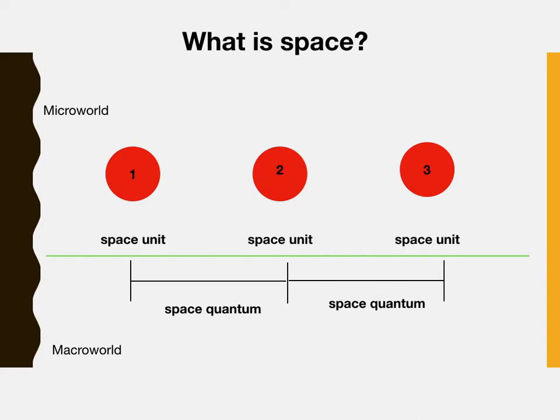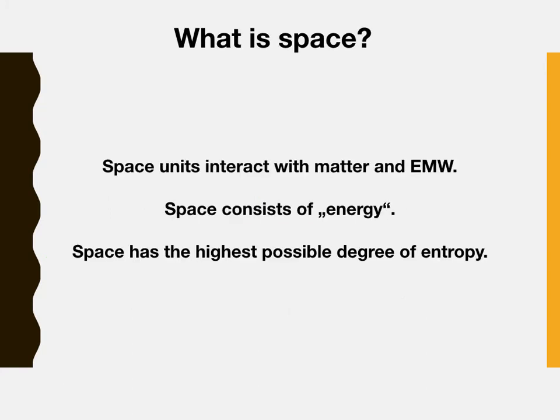In my little universe, space is sort of in between the micro world and the macro world. Space units belong to the micro world, space quanta to the macro world. So what is space in my little universe? In the micro world, space consists of space units. Space units consist of energy with the highest possible degree of entropy.